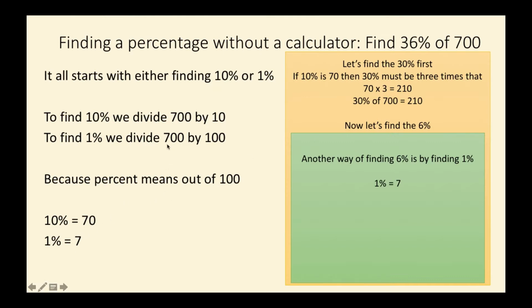We just divided 700 by 100 to find 1%. And then, if I want 6%, not 1%, I'd need 6 lots of that 1%. So 6 lots of 7, which is 42. 210 plus 42 is 252. So it's just about breaking down the numbers into percentage parts and adding the ones together that you need.